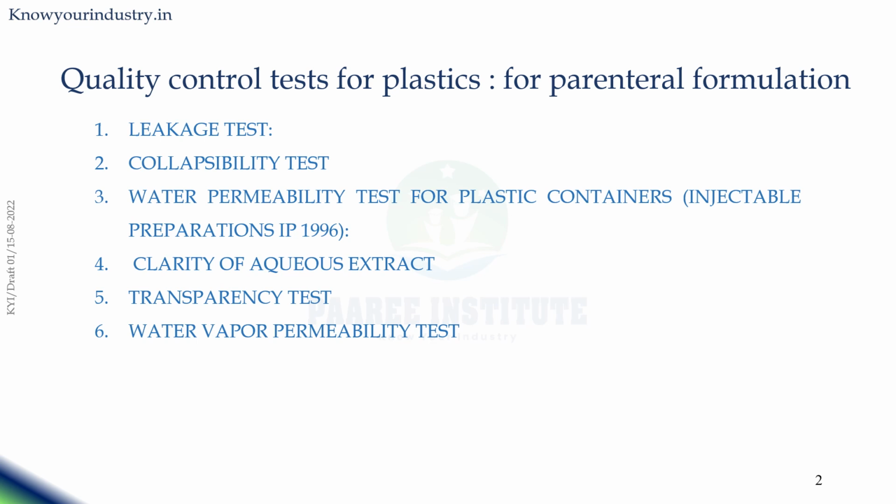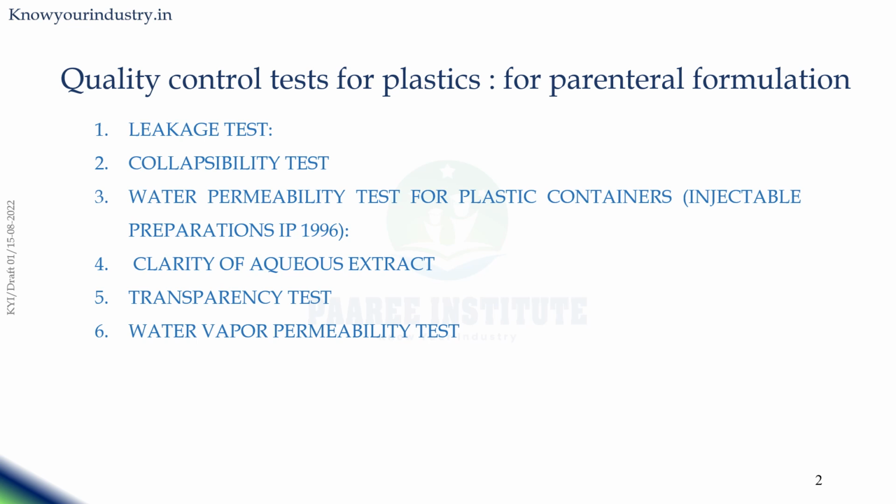So as a part of manufacturing, pharmaceutical industries keep certain test parameters whenever you assess plastic components. For example, a leakage test, where you assess whether the container closure systems leak. There is a specific test defined in most of the pharmacopoeias; you can refer to those for the methods available.